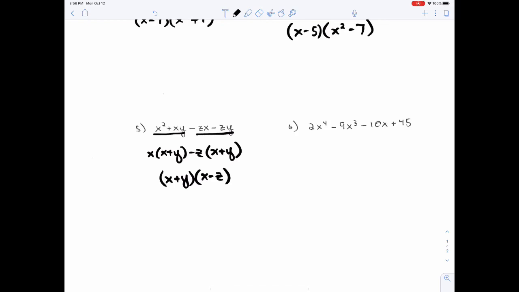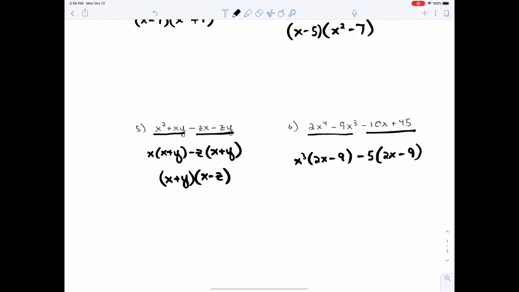All right, here, what can I do? I can pull out an x cubed. So here's the first two terms, here's the last two. I can pull out an x cubed, and that gives me 2x minus 9. Then I can pull out a negative 5, and that gives me 2x minus 9.